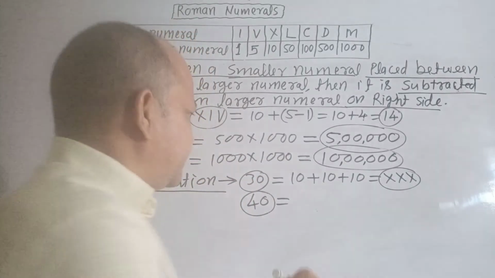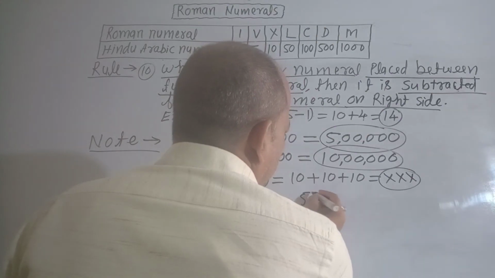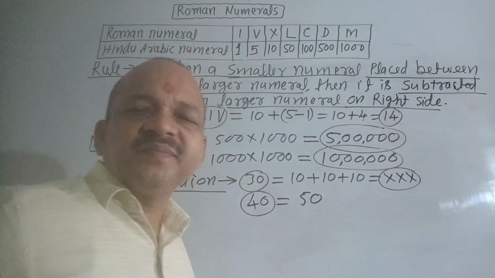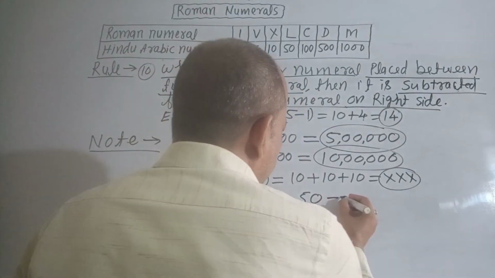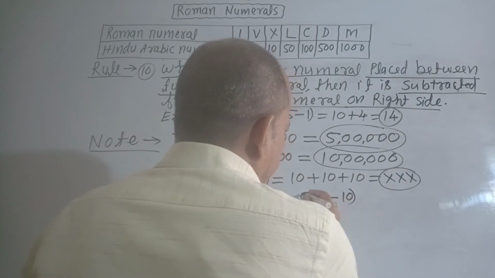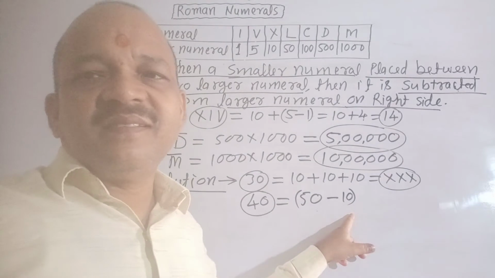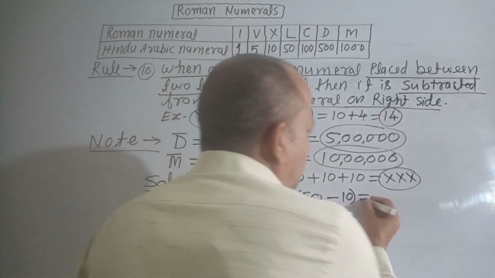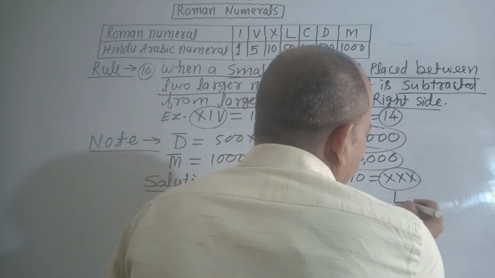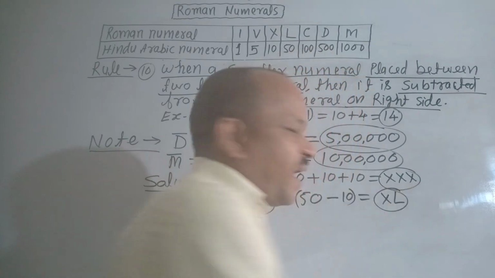Firstly, you write 50 minus 10. You write 50 minus 10 equal to XL.